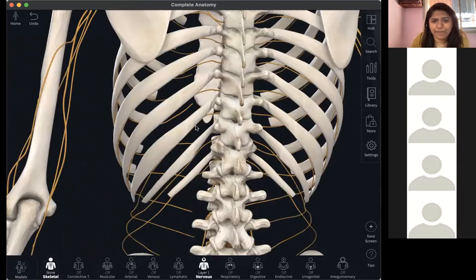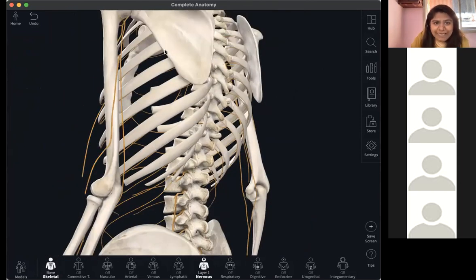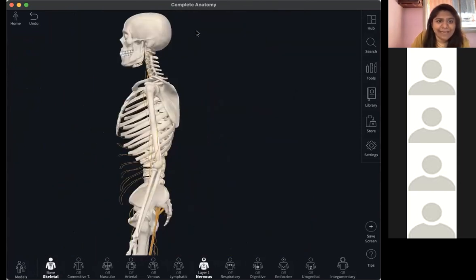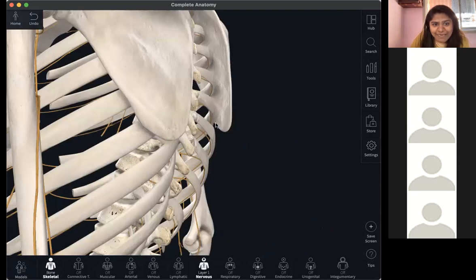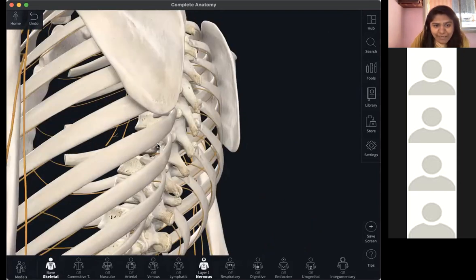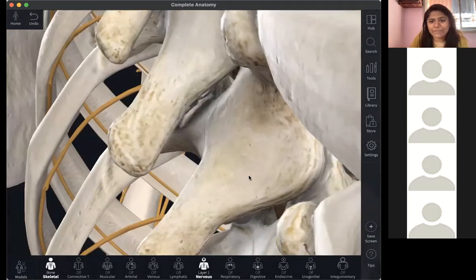Yes, so they are basically responsible for sending all of the signals from my brain to the entire body. Just like your brain is kept inside this thick cavity called the skull, your nerves are very nicely placed into this bony structure which is called your spinal cord.